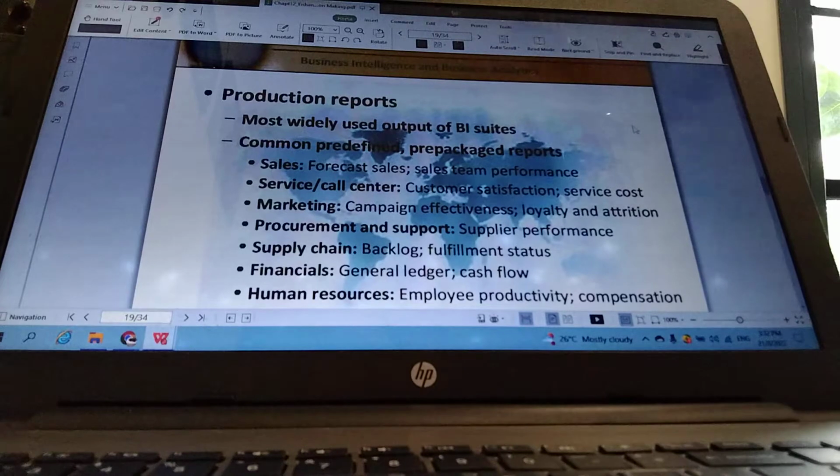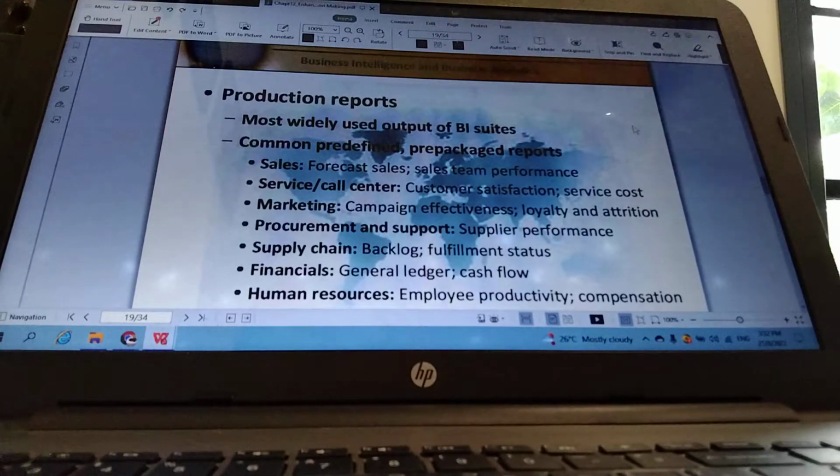The same goes to supply chain. They can use these BI reports in order to look at backlog, fulfillment status, and related reports. When it comes to the financial department or related department, definitely the BI report can be used for general ledger, cash flow monitoring, and related reports.